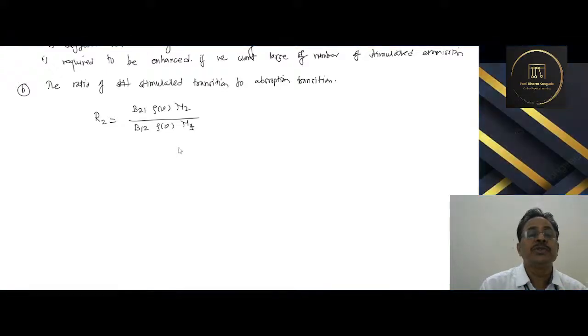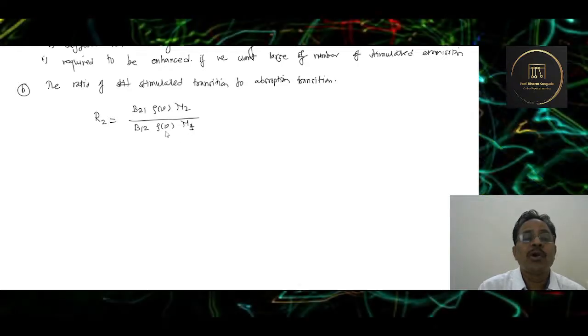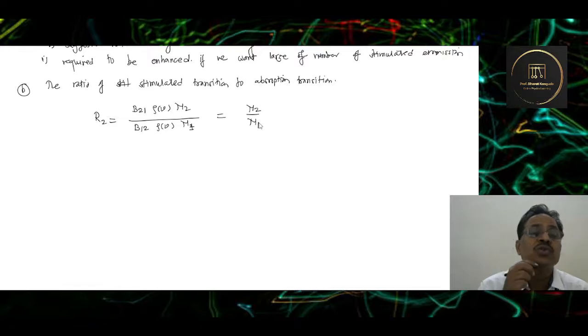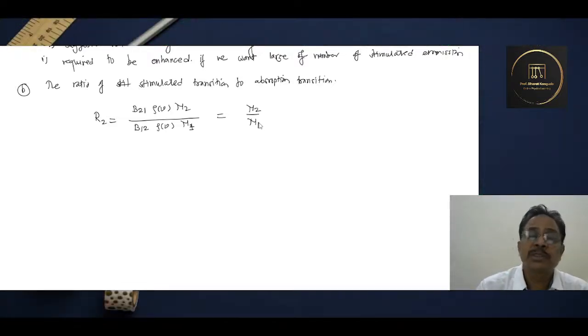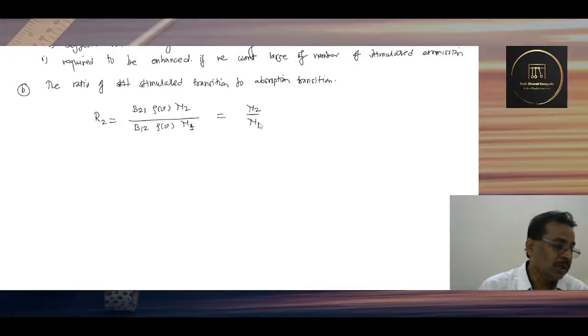This is absorption. Everything cancels here: B21 and B12 are usually the same, while N2 and N1 are not the same, and rho nu cancels, so R2 is simply equal to N2 upon N1. So this ratio of stimulated transition to absorption transition is directly equal to the ratio of the number of atoms in the excited state to the number of atoms in the ground or de-excited state.